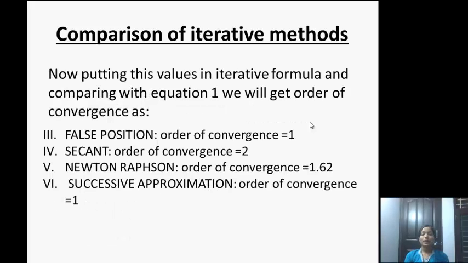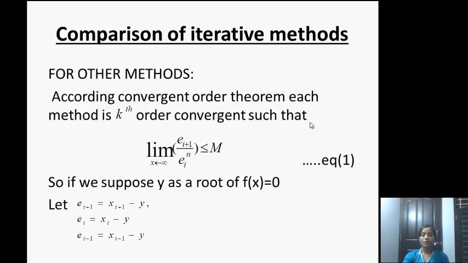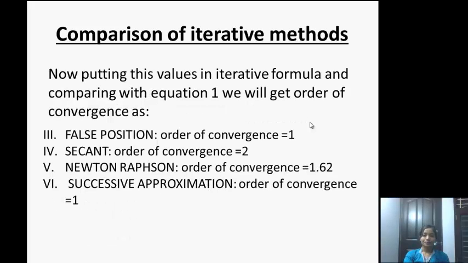Now computing this value, putting it in the iterative formula and comparing with equation 1, that is with the equation limit of e(i+1)/e(i)^n less than or equal to m, we get the order of convergence for the following methods.